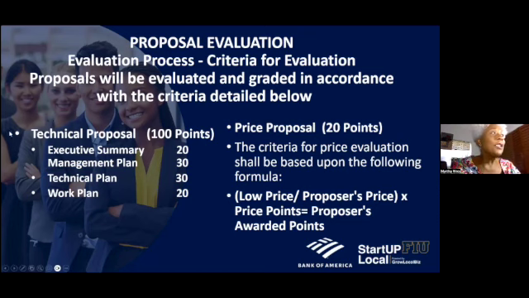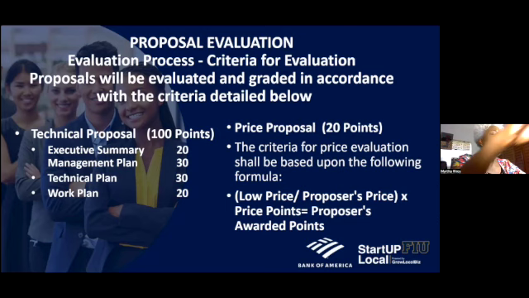So the reason I was emphasizing the technical proposal, for example, is that a lot of them would even give you the criteria for them to evaluate that proposal. Guess what? Your technical proposal is 100 points. So the biggest thing, your management and your technical plan, please, you have to explain to them, we understand this is the issue or this is the problem that is trying to be solved.